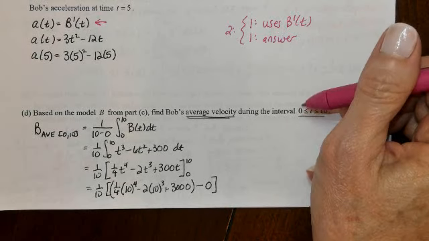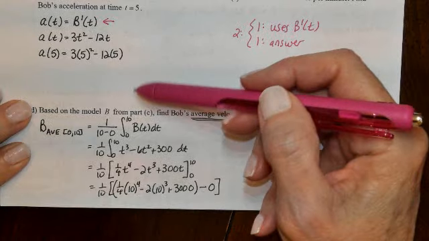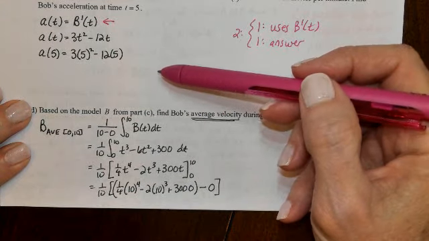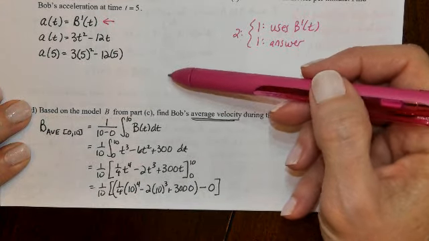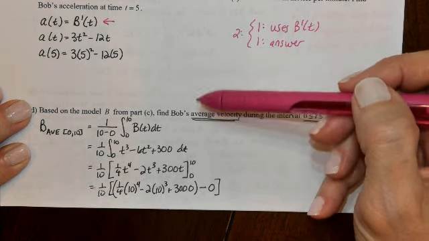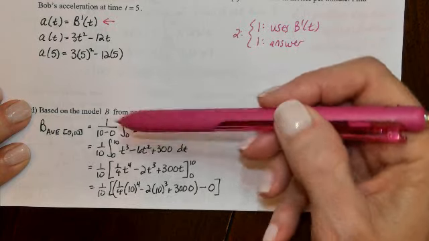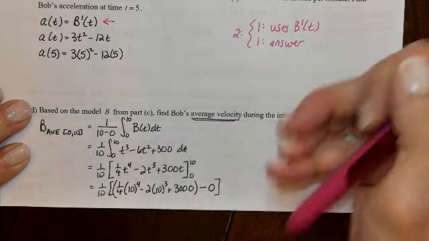And again, I said this to you before, when you're completing an FRQ, complete it as if somebody who knew just a little calculus, but not as much as you, would be able to follow your work. Okay?